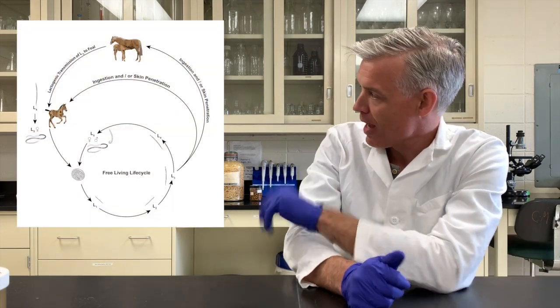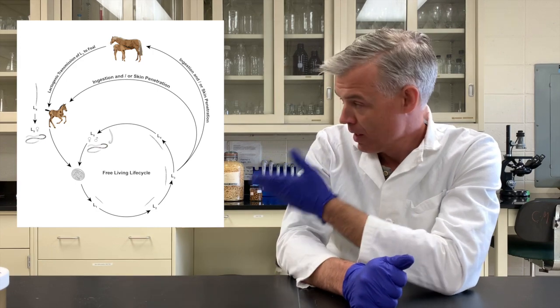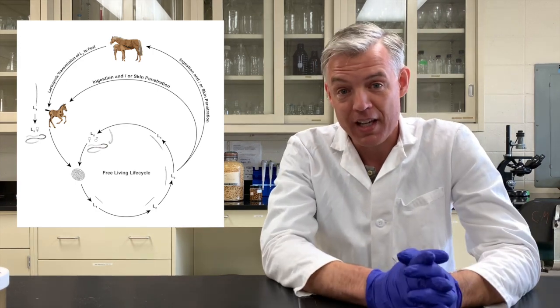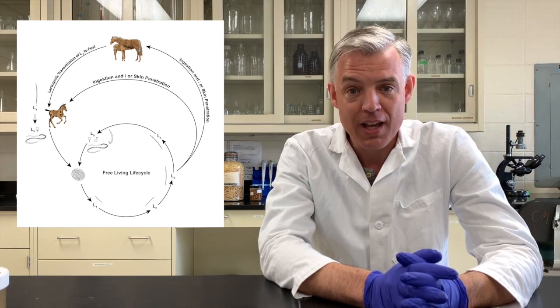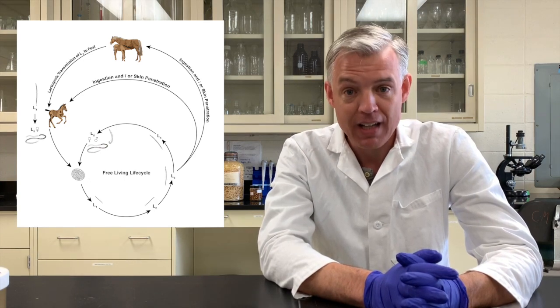So I'm a parasitologist, and as parasitologists, we love to talk about parasite life cycles, and this one in particular. So let's look at a slide of the life cycle. It's really unique. This is number one in terms of uniqueness and fascinating parasite life cycles in the parasites infecting horses.